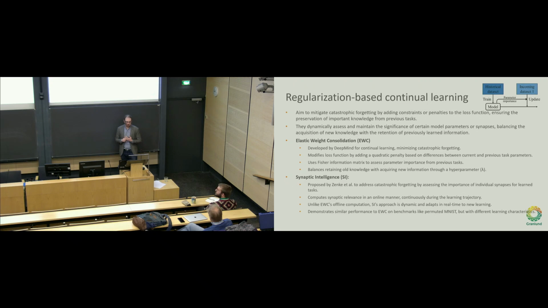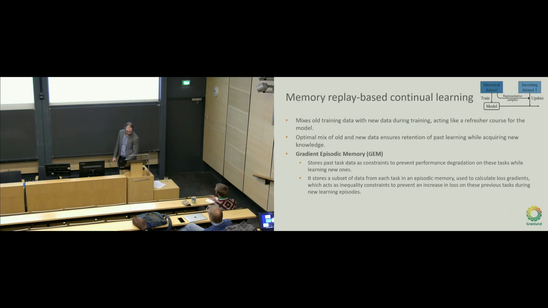Then you have synaptic intelligence. It's basically assessing the importance of individual synapses, and this one can be done in an online manner, unlike the other, which is offline, so it's more real time. This is for you if you want to read more, just as an intro.